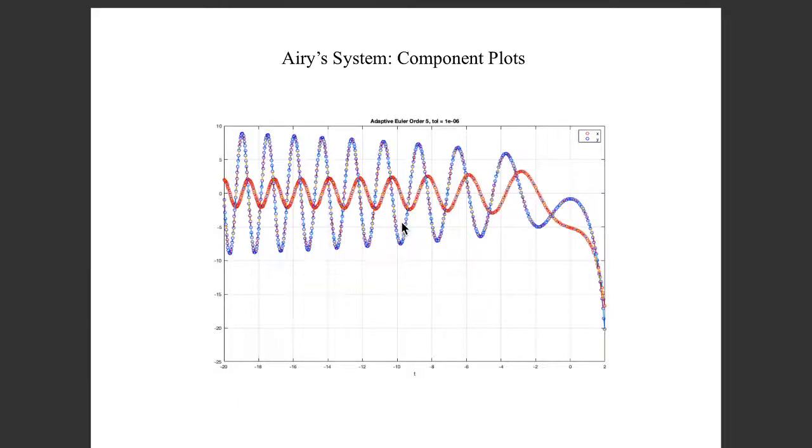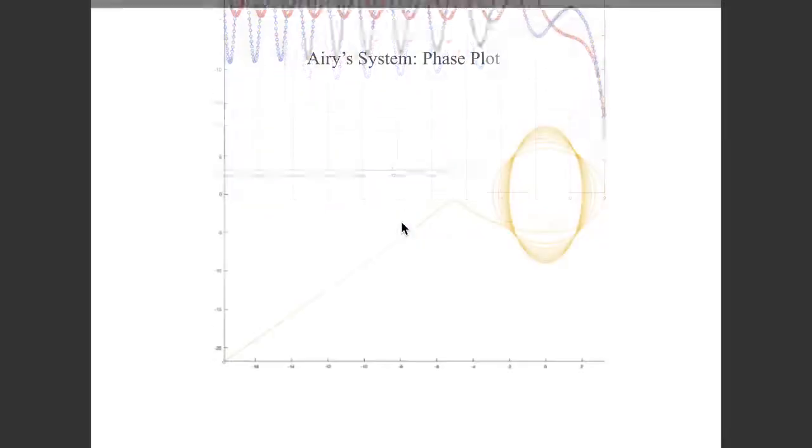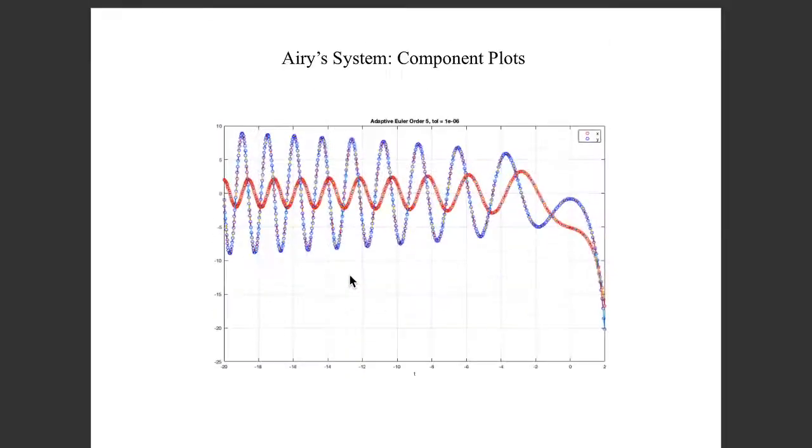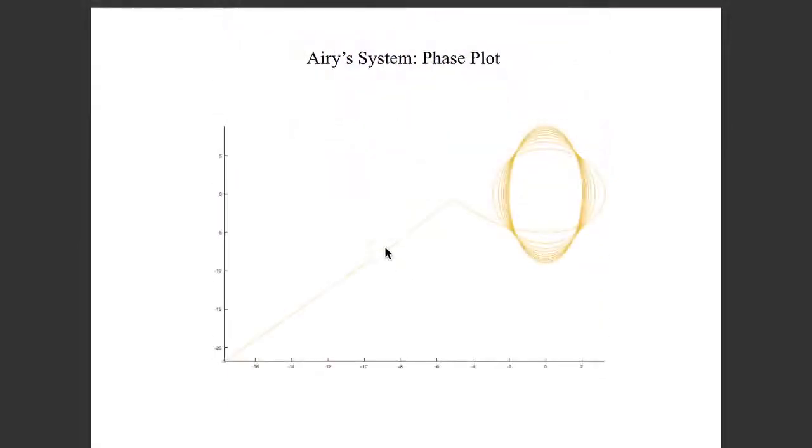But you can also visualize that as a parametric plot. And that's what you're seeing here. So now the axes are not t and x, but x and y. And so each point on this curve represents an xy value at some time t between minus 20 and 2, but notice t doesn't appear in this plot at all.